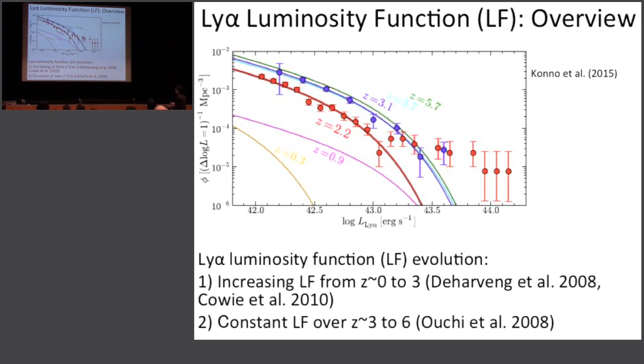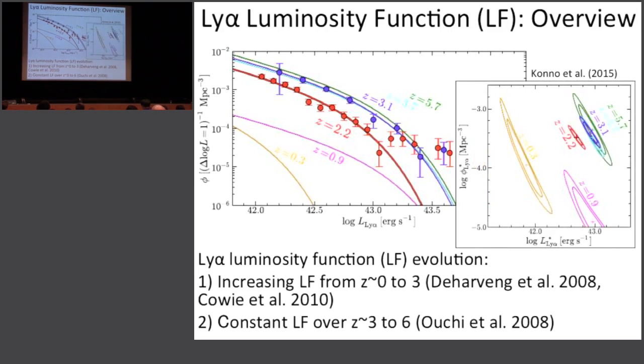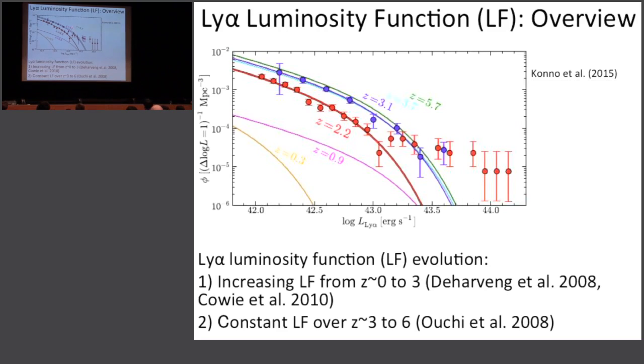As you can see, there are two important features in the evolution of the Lyman-alpha luminosity function. One is the significant increase from redshift 0 up to 3. The other feature is that from redshift 3 to 5.7, you find small difference or nearly constant.